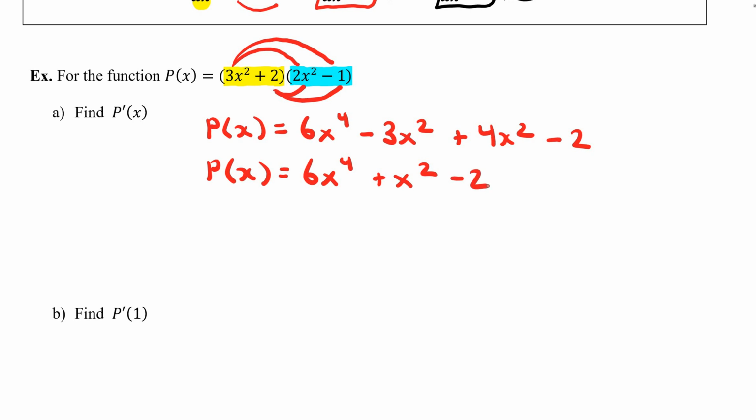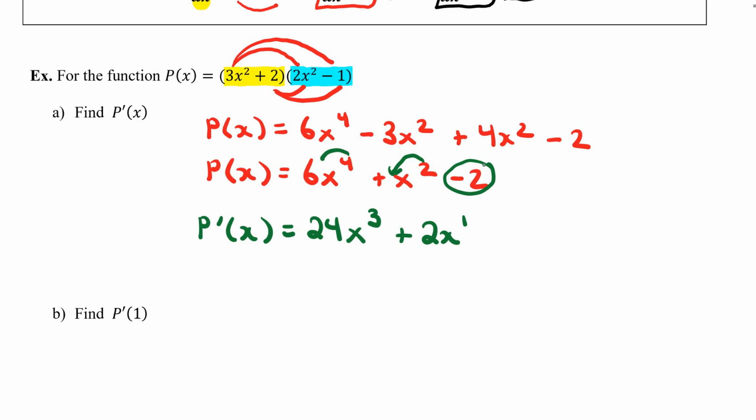All right, so there's my function. If I take the derivative now using the power rule from lesson 3, 4 times 6 will be 24x to the power of 3, plus, and then we soccer kick the exponent to the front, so 2x to the power of 1, and the derivative of a constant will be 0. So there's my answer.